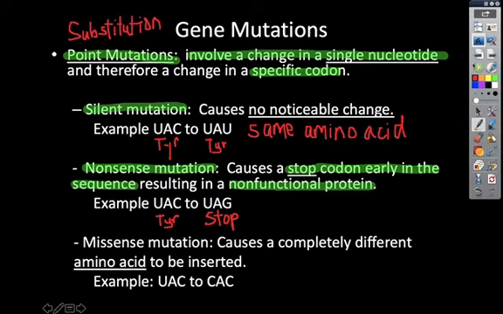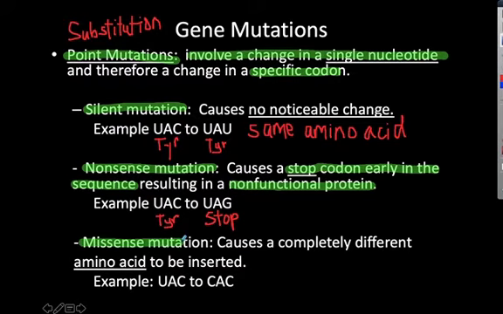All right, and then the last type of substitution or gene mutation is a missense mutation. And what happens here is the mutated codon is going to cause a completely different amino acid to be inserted.